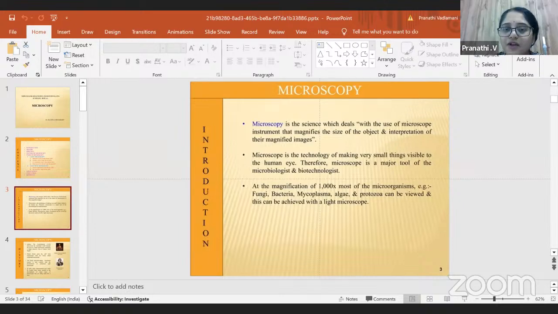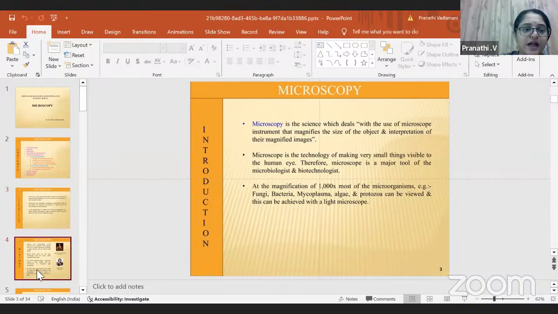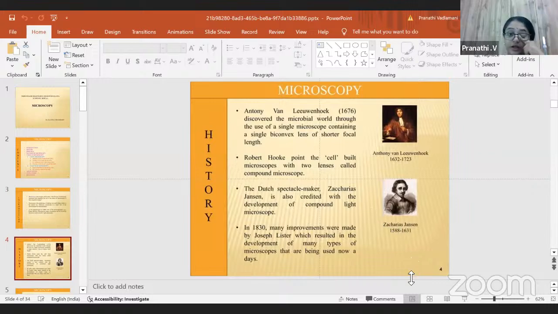So you have 10x, 45x, 100x in your basic lab microscope, which is the compound microscope. When it comes to bright field, dark field microscopes and your scanning and transmission, you can see the image in a very clear manner up to 1 lakh times magnified. So it is very useful to look at the small cells that are present.